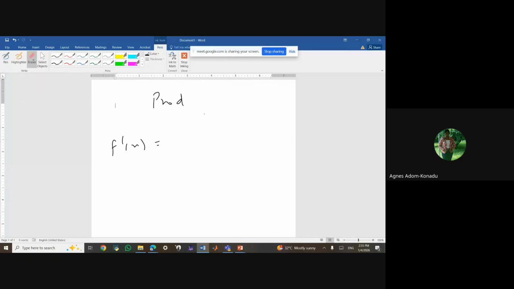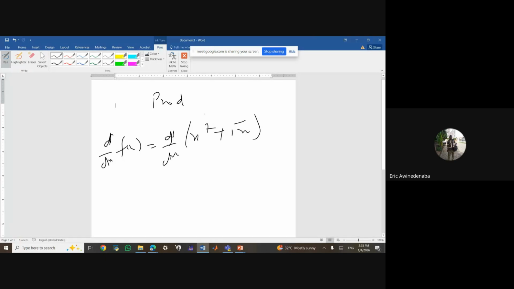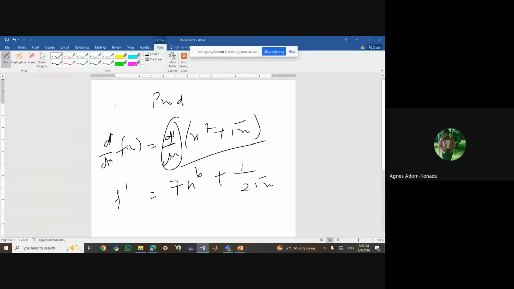Instead of writing this, if you want to use d dx, you can just write d dx of f of x is equal to d dx of x to the power 7 plus root x. So you are differentiating both sides. And d dx is the same as f prime, which is equal to 7x to the power 6 plus 1 over 2 root x. So d dx means that you're differentiating. If I write f prime, it means I'm differentiating, the first derivative. Okay.